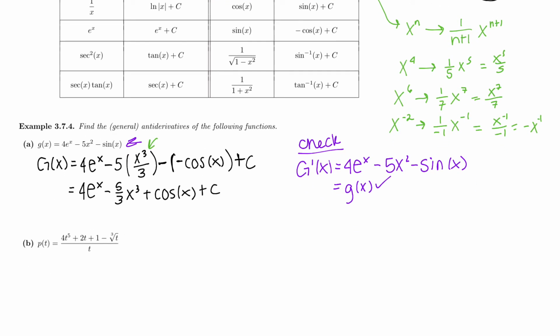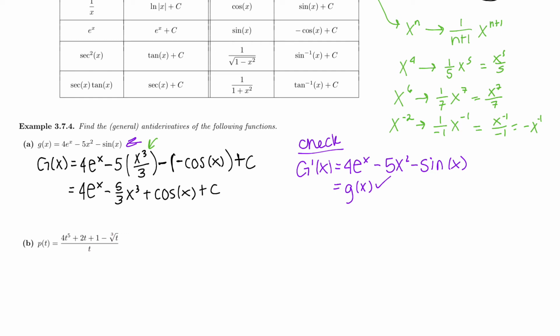For part B, I'm going to get you started and then give you a moment to try it. To get started, you're going to simplify this thing first by distributing the denominator to everybody, and then you're going to simplify.